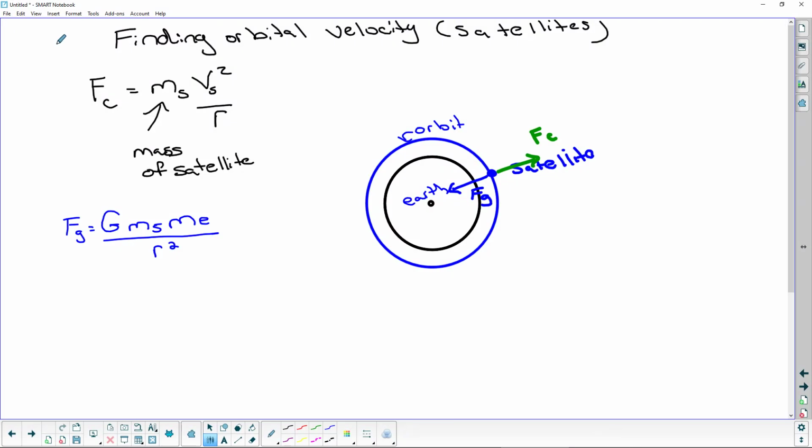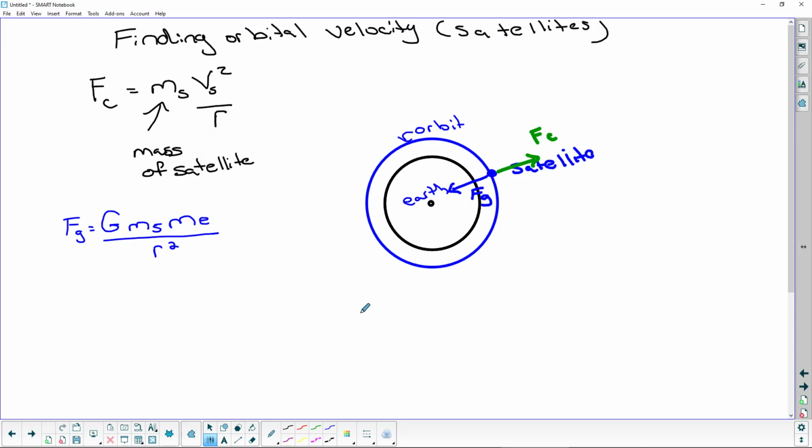One student yesterday, I forget who it was, my apologies, asked why we use R instead of D for this. Mainly because we're doing a lot of orbit stuff around planets, so it tends to be traditional to use an R rather than D for distance between two objects. We don't often do a lot of work with universal gravitation that doesn't involve a planet somehow.